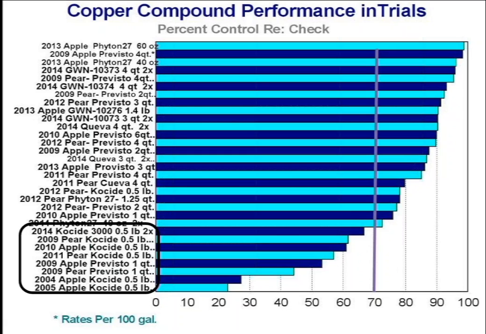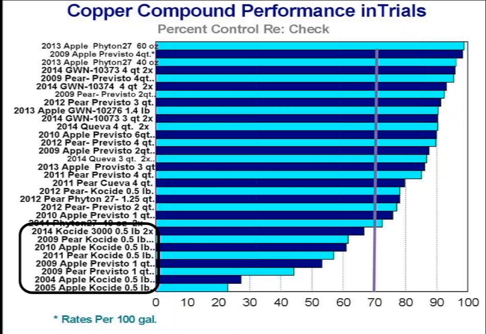So if you look at that range, a lot of the products are not circled at the bottom. The ones circled at the bottom are the low rates of Coside and the low rates of Provisto, and those are just inadequate rates. But when we get the rates up to adequate, and not that excessive really, the 3 quarts of Provisto or 3 quarts of Cueva, we get very good results.